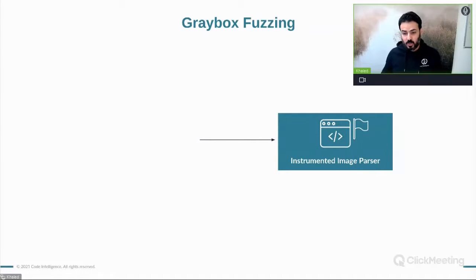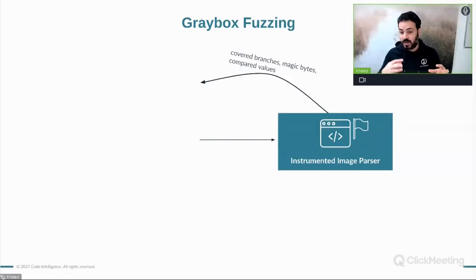What this means is that when we build our program, we instrument the code, and this means that we inject special markers in the code that give the fuzzer information about which areas have been covered by a specific input, and also more information about specific compares that are happening in the code. So the fuzzer, with this feedback, can evaluate the quality of each input it generates, and iteratively it improves the input so that the code coverage is maximized.